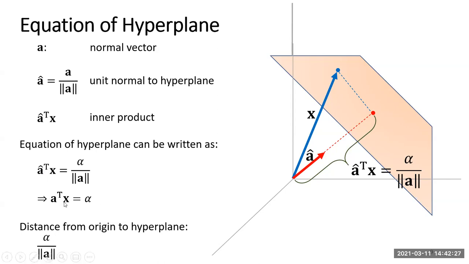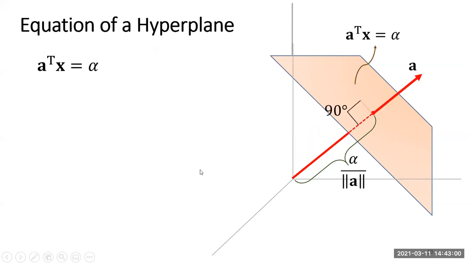So A transpose X equals alpha is the expression of a hyperplane. All these points X will satisfy this equality as long as they lie on the hyperplane. And the distance from the origin to the hyperplane is alpha over the L2 norm of A, the length of A. Okay? So that's the equation of a hyperplane.